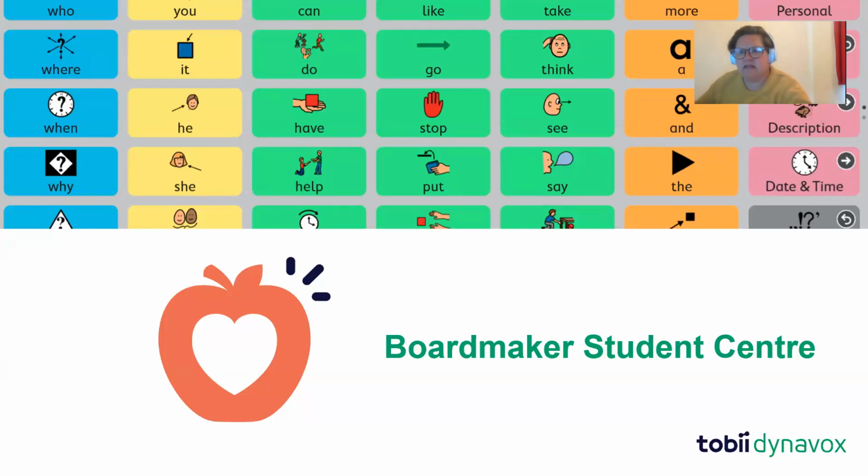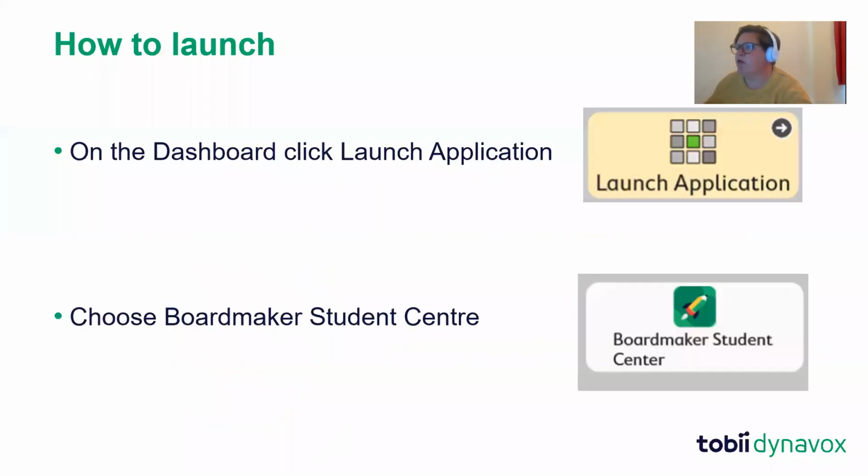And so for some settings that are already using Boardmaker Online, we've integrated a way to launch this app through Snap, so that you can seamlessly use it with your learners within a classroom or wherever it is that you're using that. So there's a couple of ways that you can do it.